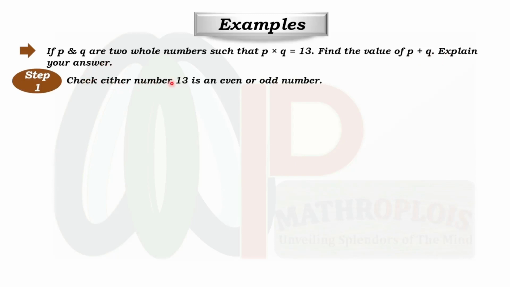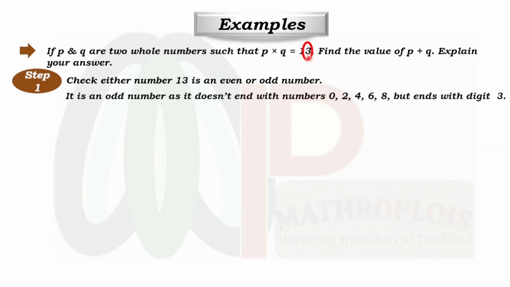In step 1, we will check whether 13 is an even number or an odd number. It is an odd number as it doesn't end with 0, 2, 4, 6, 8, but ends with digit 3.